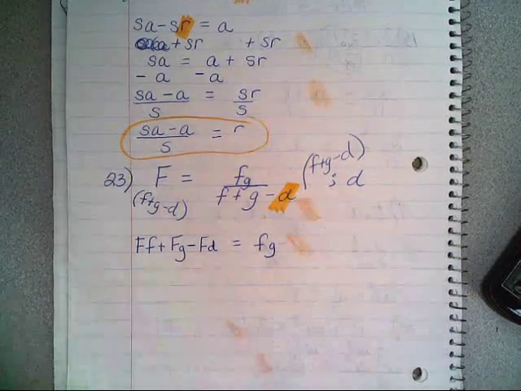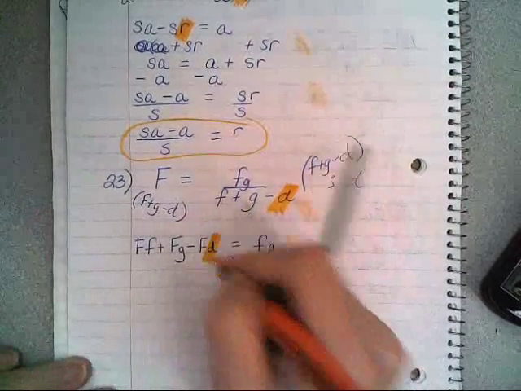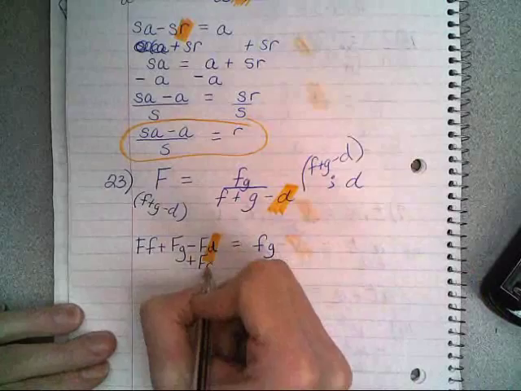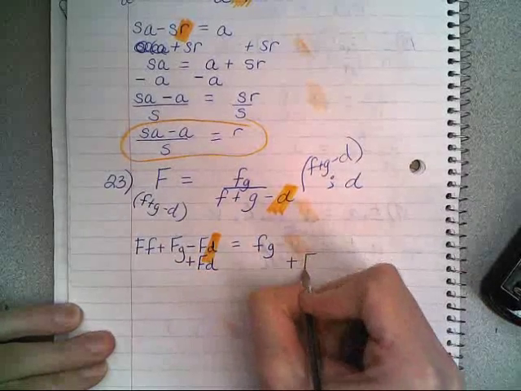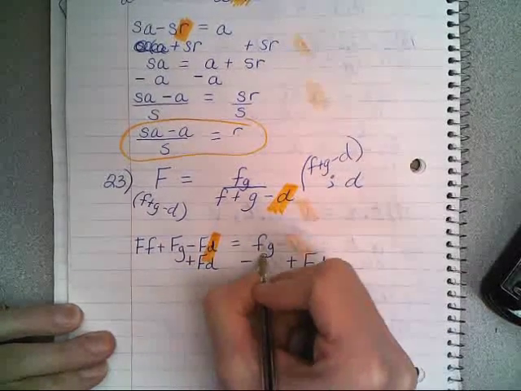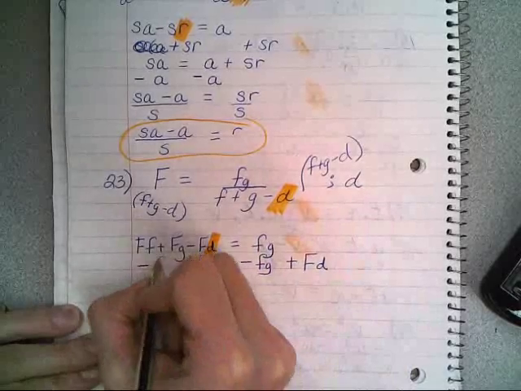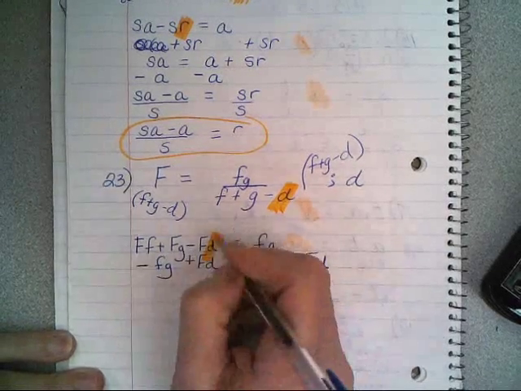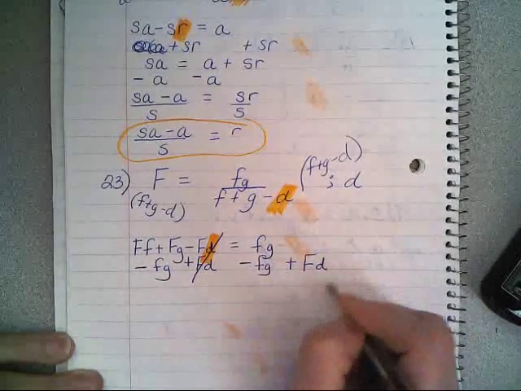And remember, I am seeking that d. Okay? So I'm going to add fd because it's going to work a little easier by itself. And I'm going to subtract fg. Little f, little g. Okay? So it disappears from here and goes over there.